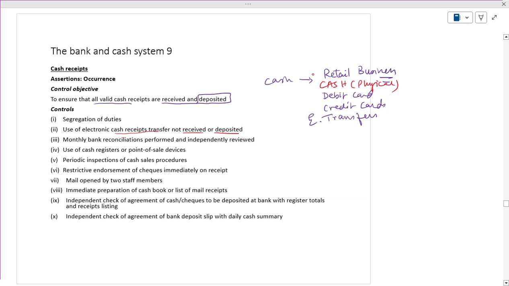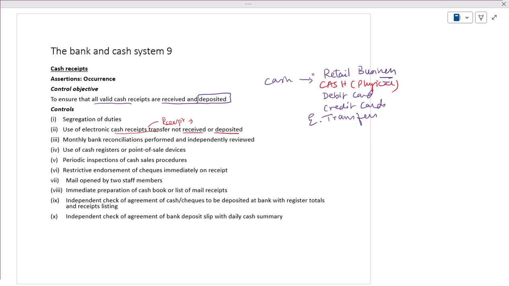Whenever you are talking about payment by debit card, the moment the card is swiped, you will have that acknowledgement, a small receipt will come. They will keep it as documented evidence.